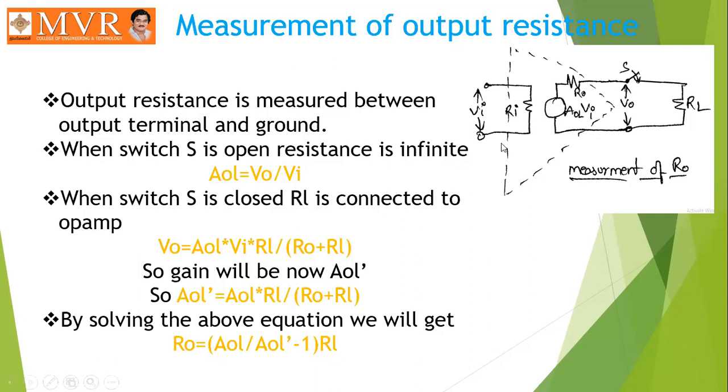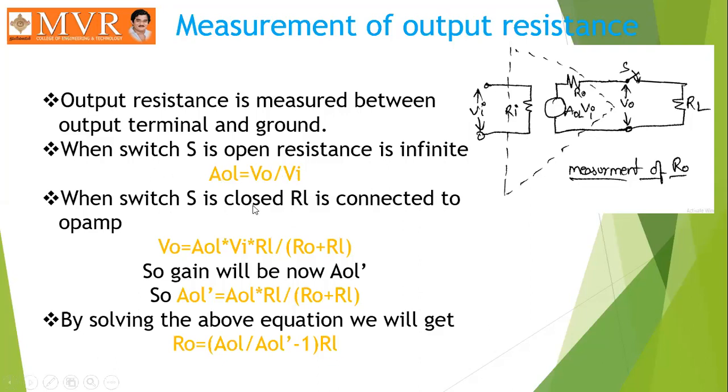From that we can say that the open loop voltage gain is equal to output voltage divided by input voltage, so AOL is equal to V0 by VI. This is how we get this equation when the switch is open.